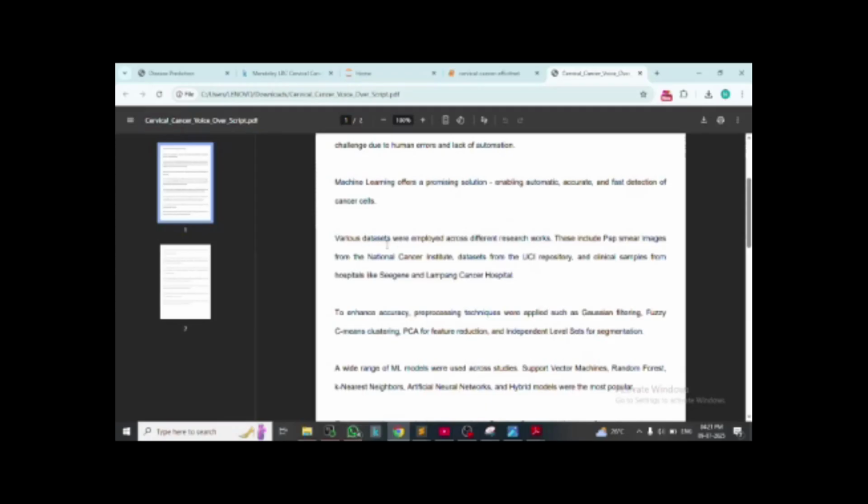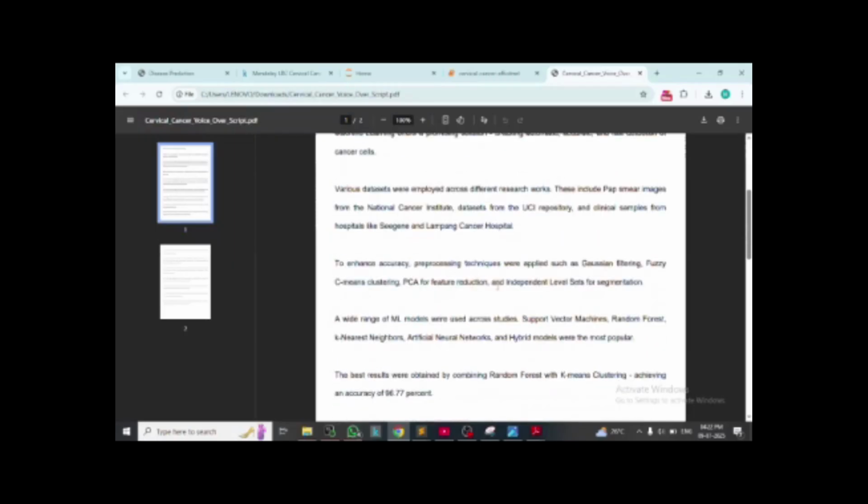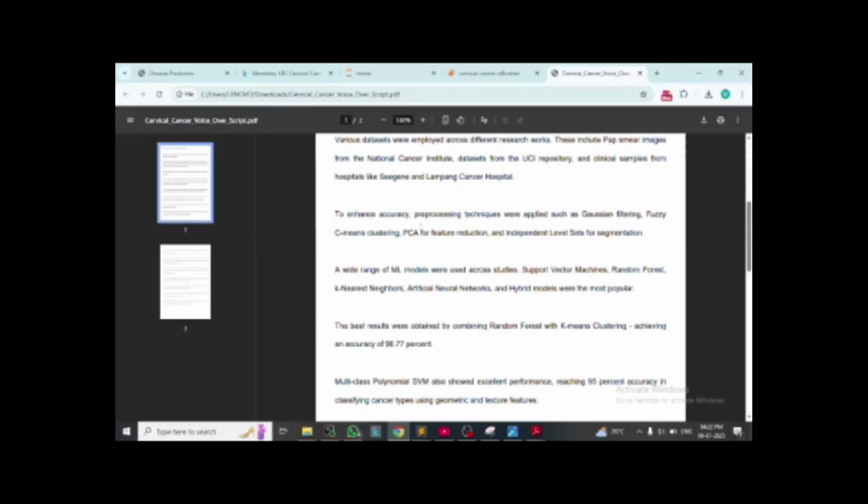Various datasets were employed across different research sources. These include PAP smear images from the National Cancer Institute, a dataset from the UCI Repository, and clinical samples from hospitals. To enhance accuracy, preprocessing techniques were applied such as Gaussian filtering, fuzzy C-means clustering, PCA for feature reduction, and independent level sets for segmentation.